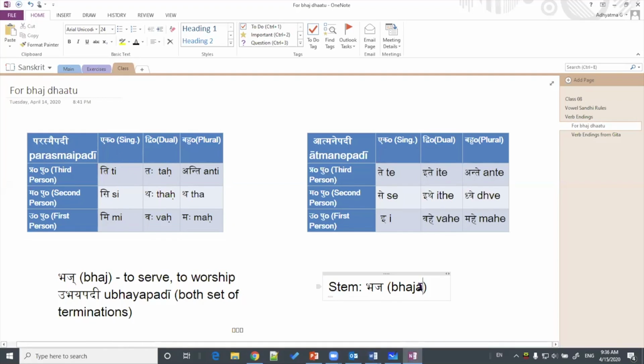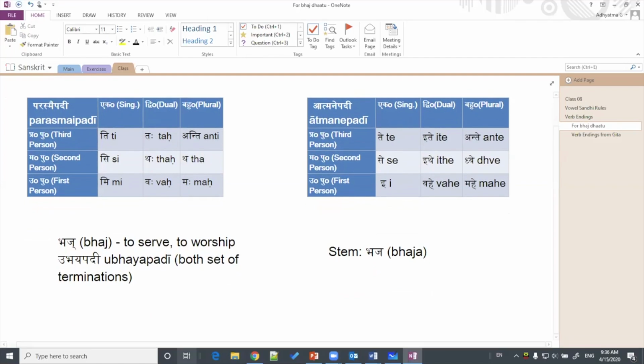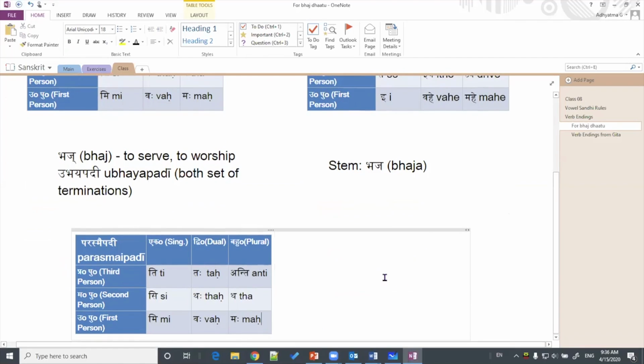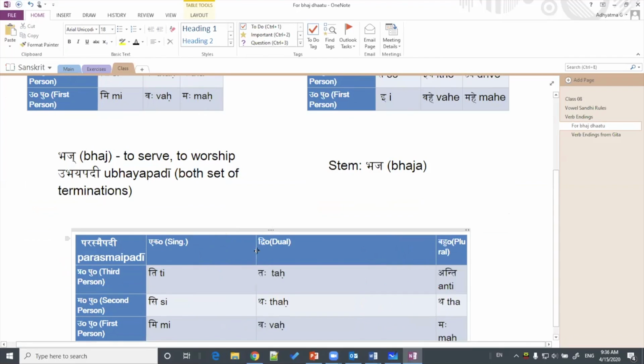Now for us, this is my root, bhaja. Here I'll take the Parasmaipadi endings and copy them here, make it bigger so that we can apply these rules and see how I can make the verbs.